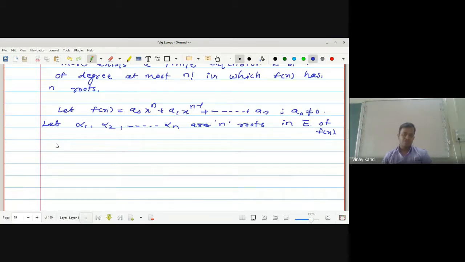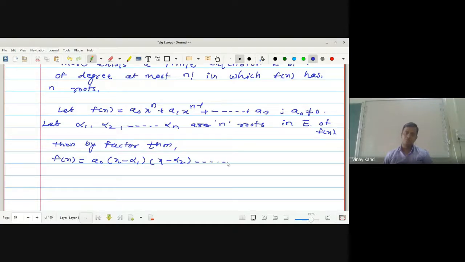Then by the factor theorem we can write f of x equals a naught into x minus alpha 1, x minus alpha 2, up to x minus alpha n. Okay, any doubt up to here?